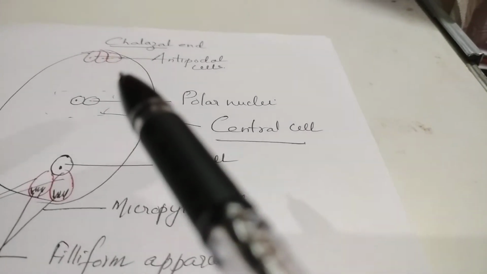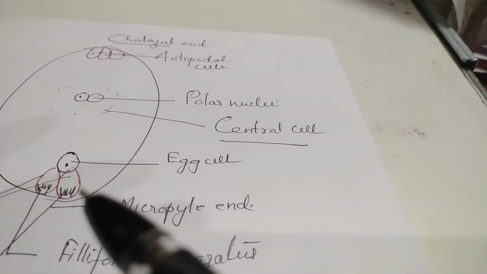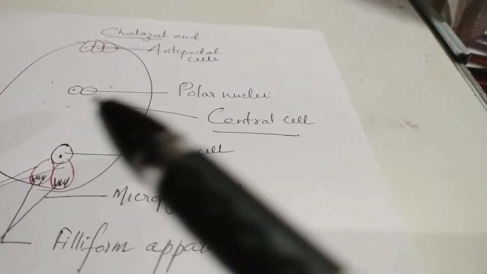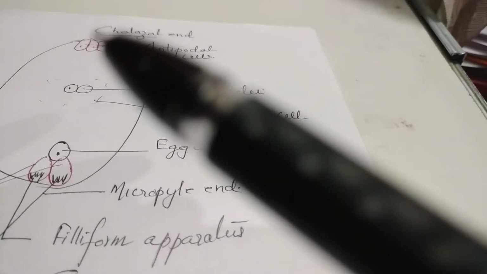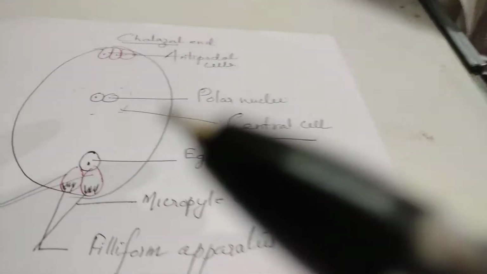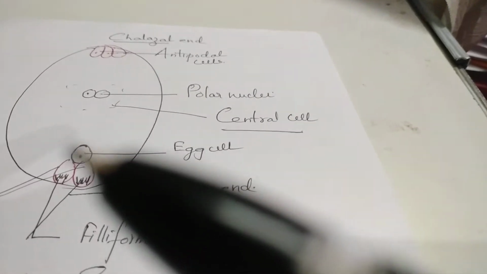This is 1, 2, 3. 1, 2, 3. And then 4, 5, 6. And these will together form one cell, the central cell. So we call it the 7-cell stage and 8-nucleus, and this type of embryo sac we call polygonum.